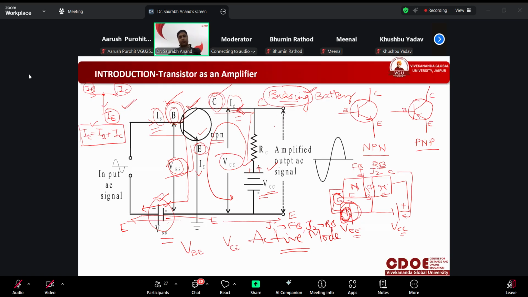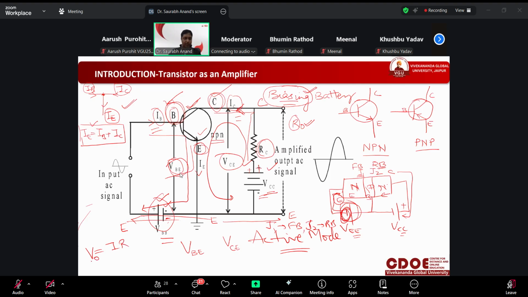And finally, what will be the amplified output? This is the output of only the transistor, right? This is RC. This RC is actually treated as the output resistance. We can write R naught also, where O is for output. So this resistance is for taking the output. What do we want at the output side? We want an amplified voltage. How can we get the output voltage? V should be equal to IR.